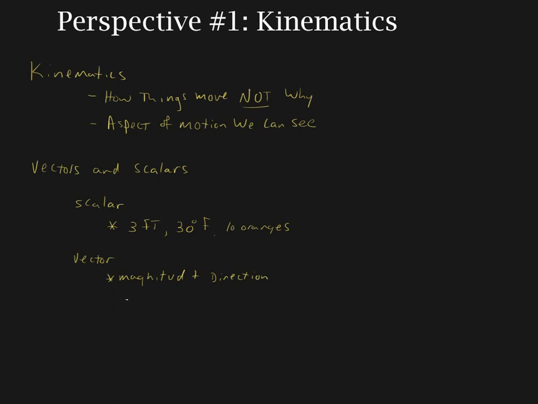So, for example, you might say 3 feet to the left, 10 miles per hour north, or even 70 meters southeast. Okay, all three of those values are vector quantities because they tell us how big and in what direction.